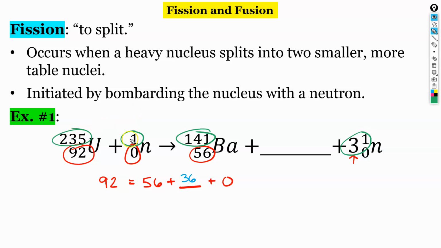So 235 plus 1 is 236. And then we have 141 plus some number plus 3. So 236 minus 141 minus 3 gives us 92. So when I write this out, we're going to have 92 on the top, 36 on the bottom, and if I look up 36 on the periodic table, that is krypton.